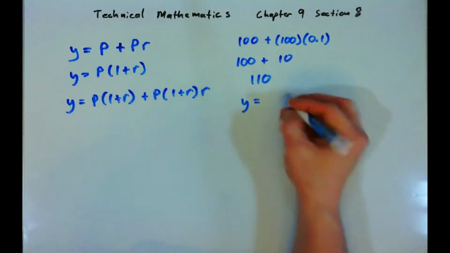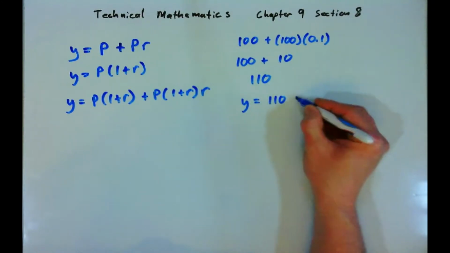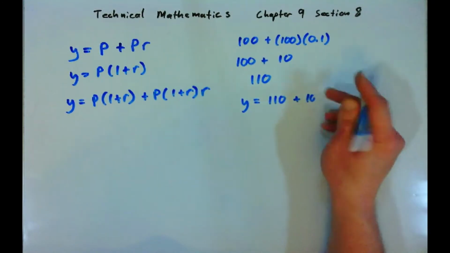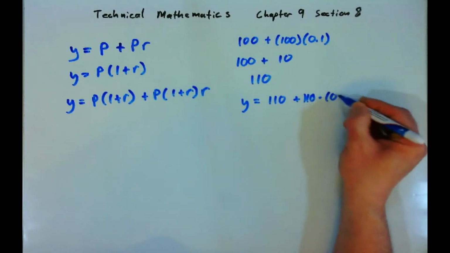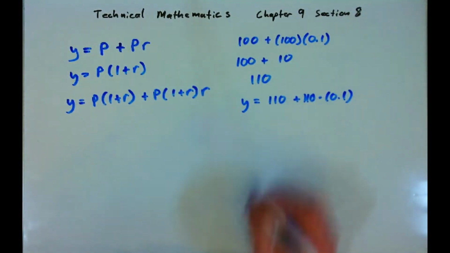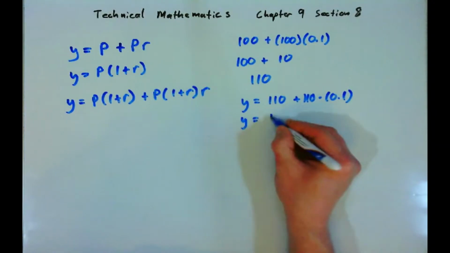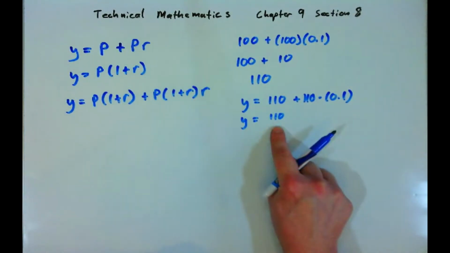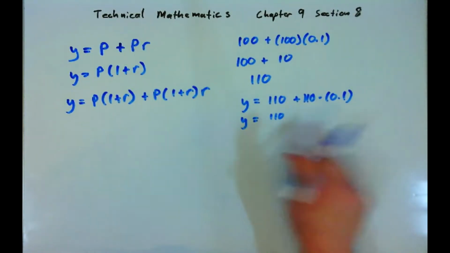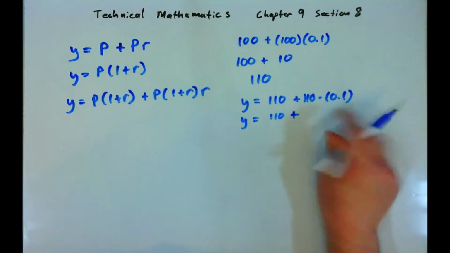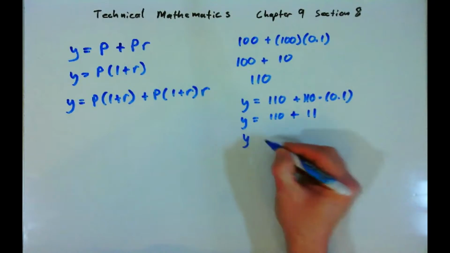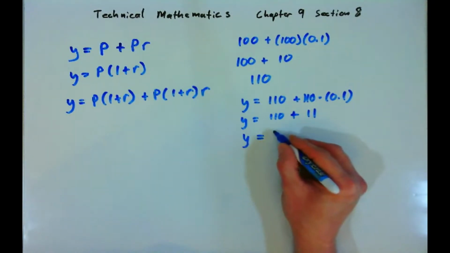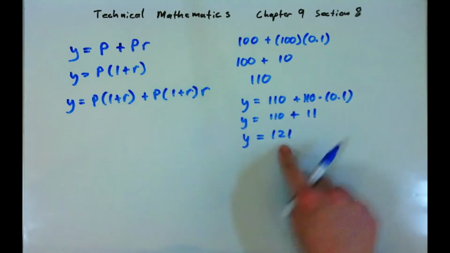That was P times 1 plus R, $110. Plus you'll have your $110 again times the 10% interest that they give you. And so at the end of the second year you'll have your $110, the original amount you started the second year with, plus another $11. And so at the end of the second year you'll have $121.